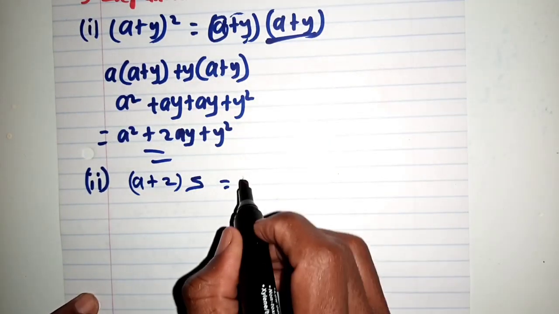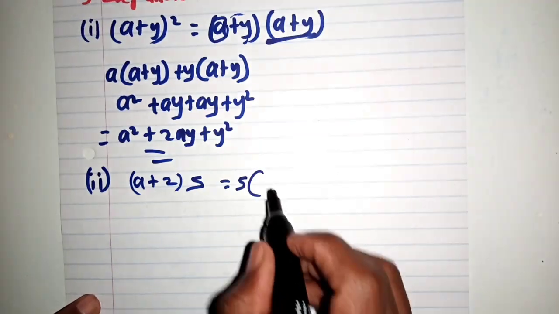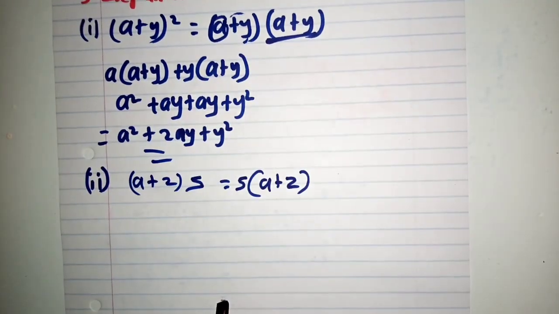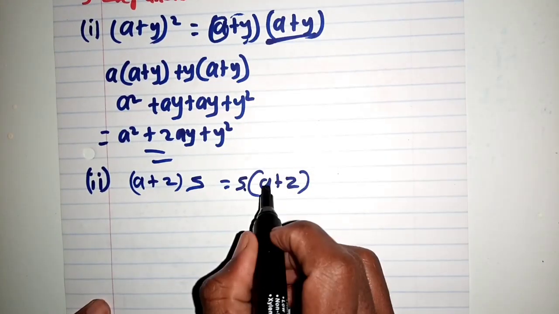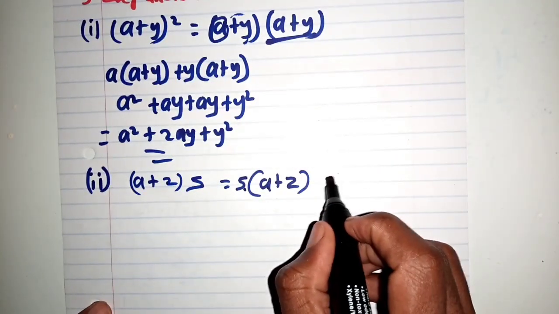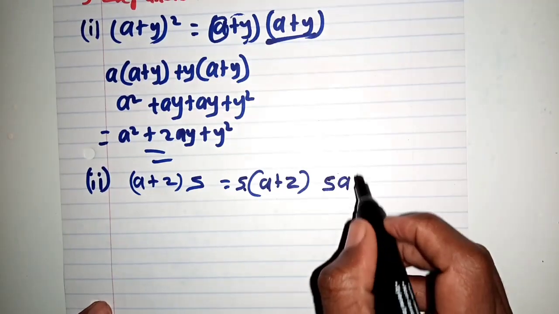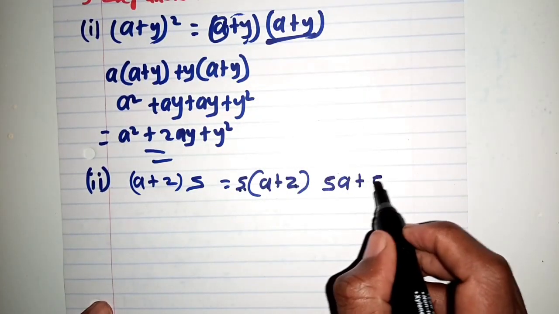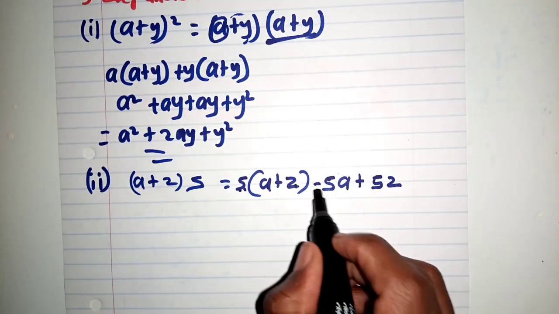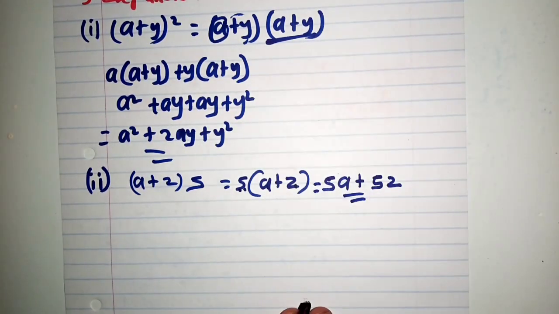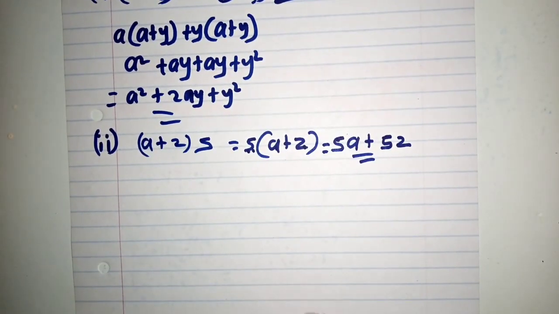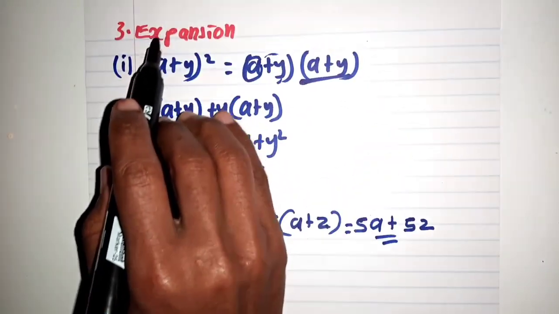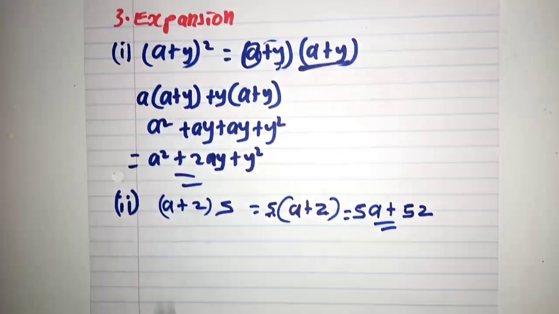This is the same as having 5(a plus z). No difference. So this times this, you have 5a, plus 5 times z, you have 5z as your answer. That is how we open the brackets, or that is how we perform expansion.